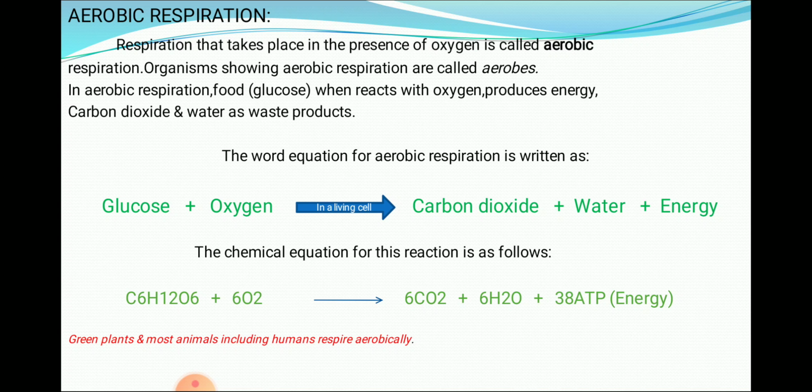Respiration that takes place in the presence of oxygen is called aerobic respiration. And the organisms that show aerobic respiration are called aerobes. In the process of aerobic respiration, food, that is glucose, when it reacts with oxygen, produces energy, carbon dioxide gas, and water as waste products.